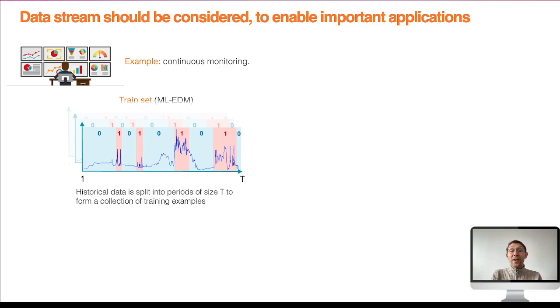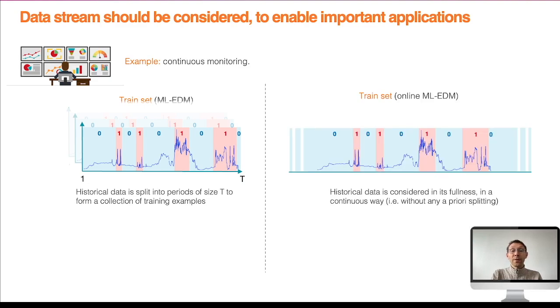Within this day, there is a finer temporal division for which each time interval is associated with a label. By contrast, in the case of online machine learning-based early decision-making, the training history is considered as continuous, without having to divide it up according to a fixed time period.